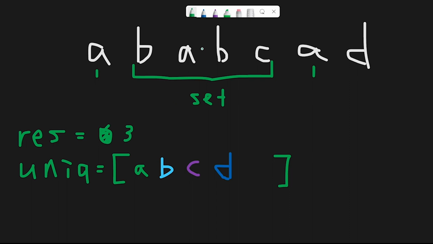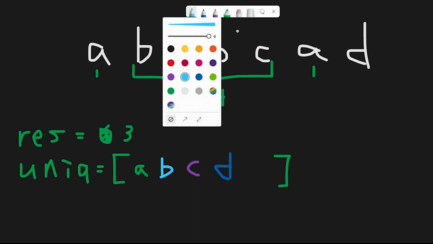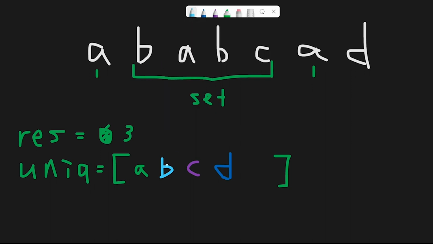And okay, let's try to find B. From the beginning we find it here, and from the last we find it here. In that case, try to make this area unique, but it's already unique.